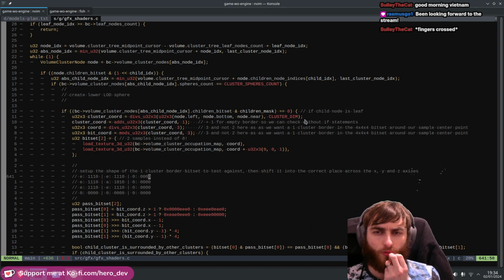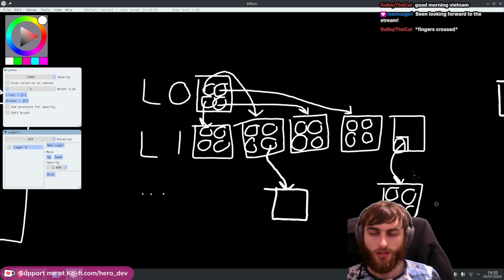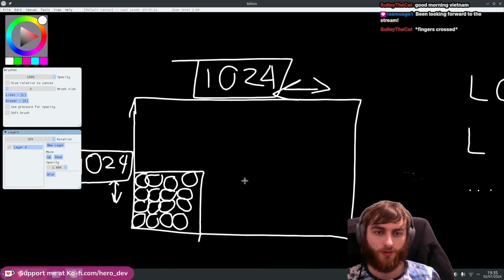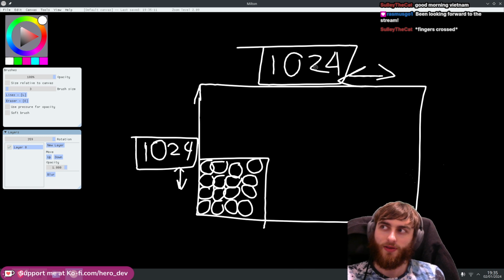So the problem was, you need to know about the neighboring clusters. This was the problem because it does two things. You can have a 3D volume that's 1024 by 1024 by 1024, and that's about 1 billion spheres, which is too much.